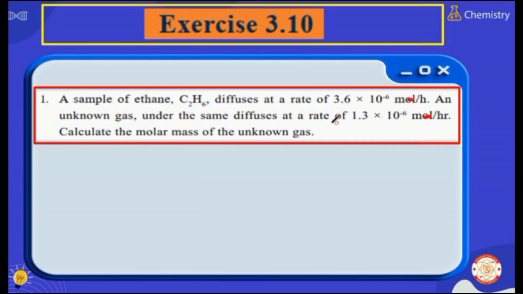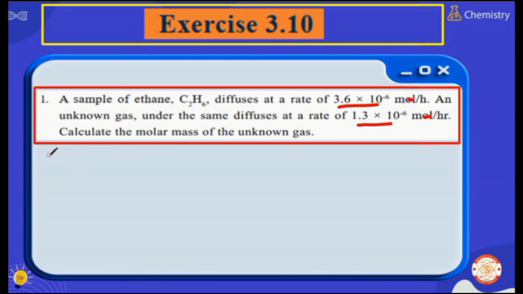Alright, now let us proceed to exercise 3.1 from your textbook. So a sample of ethane diffuses at a rate of 3.6 times 10 to the power of minus 6. And an unknown gas under the same conditions diffuses at a rate of 1.3 times 10 to the power of minus 6. Calculate the molar mass of the unknown gas. Alright. So to solve this, you have to use Graham's law, right?